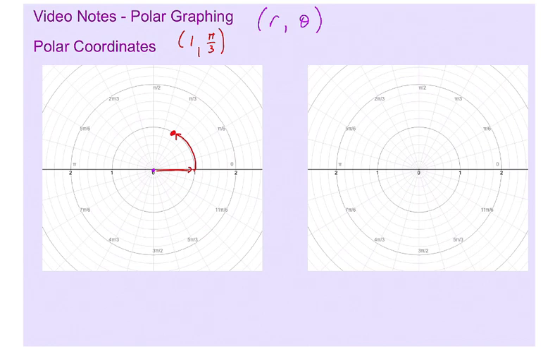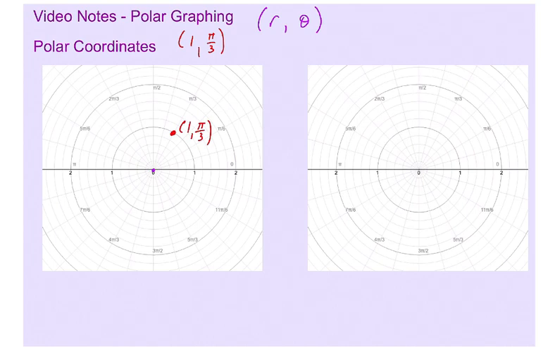Now, when we graph this, we don't show the arrows here. I just made those to show you how we got to this spot. This point right here is 1 comma pi over 3. So although it's very different from what we're used to, it's not that complicated. Again, r, theta is just the distance from the pole and the angle of rotation.